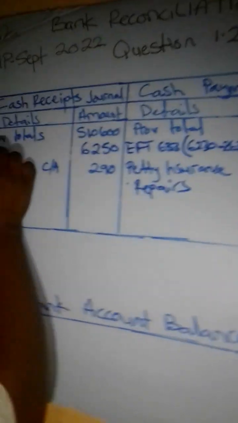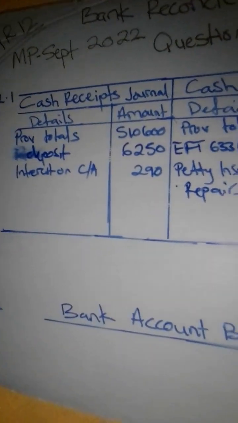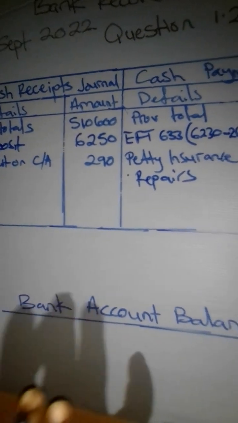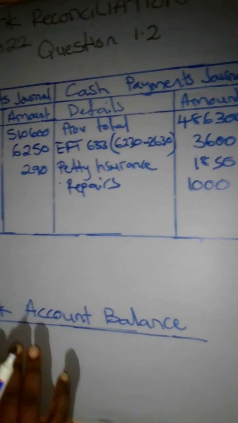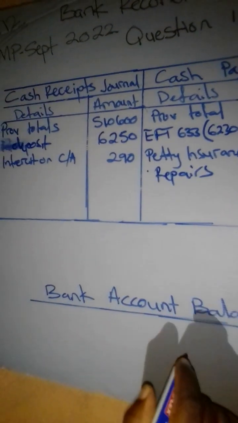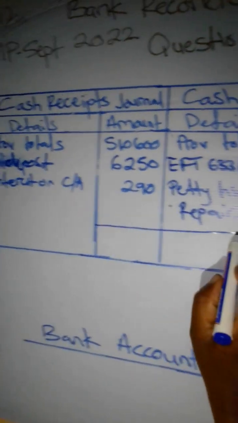So again, it is a deposit. Okay, fine. So I can just indicate a deposit on the cash receipt journal. Now the only thing that is left is for us to record the totals for the CRJ and then the total for the CPJ. Okay, we can do that safely.